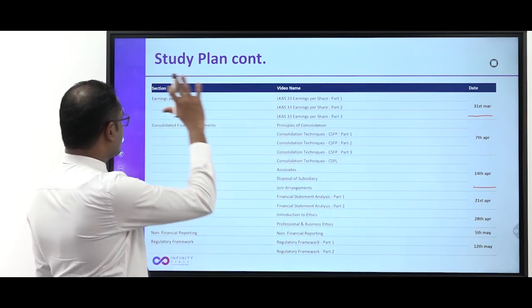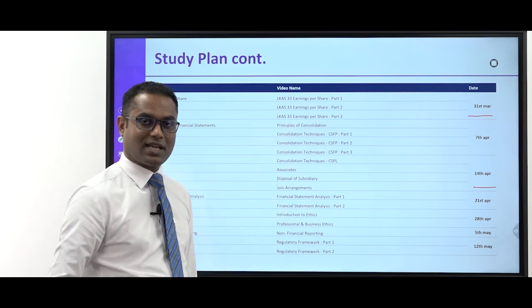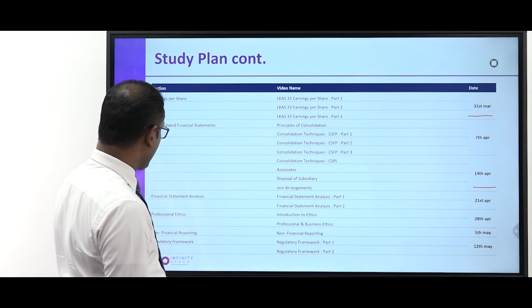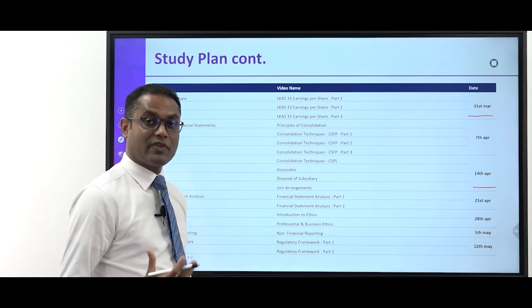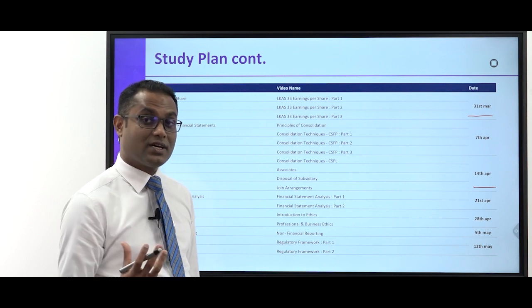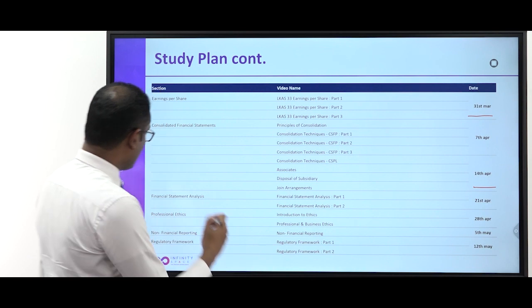Now 50% of the syllabus is done with the accounting standards, 20% is done with the consolidated financial statements. Then we are moving to the 3 areas in your syllabus which have 10% weightage each.